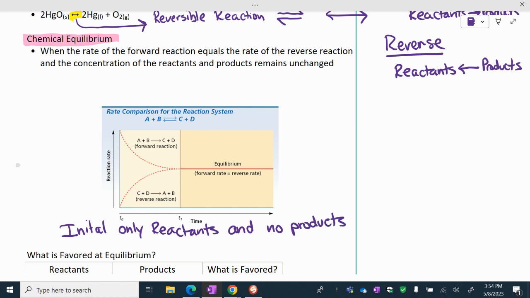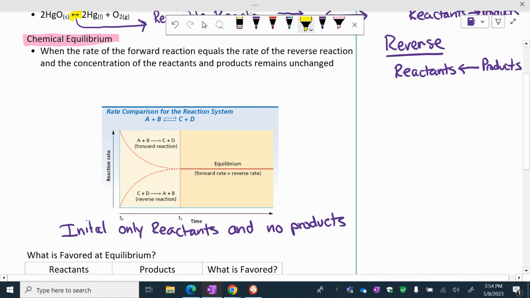As the forward reaction takes place, you can see that the amount of the reactants decreases until it levels off.